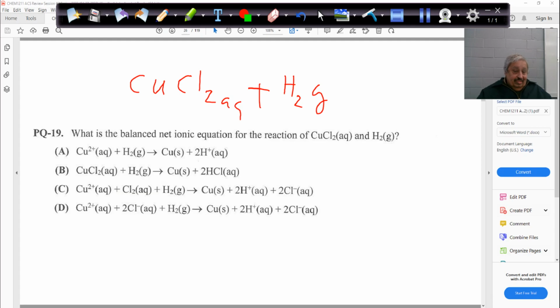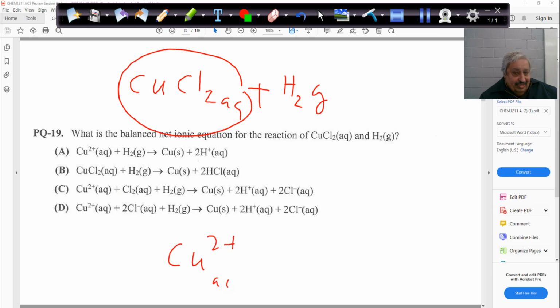So that's the reactant. What will happen there? Can you tell me what will happen? What's the net ionic? This is aqueous, so you have to take it apart: Cu2+ aqueous plus 2 chloride aqueous, correct? This one you have to take apart.